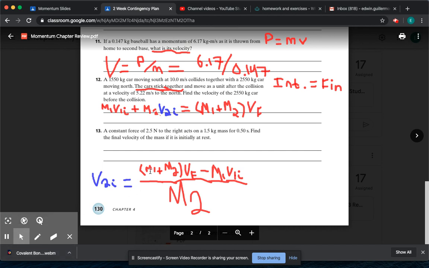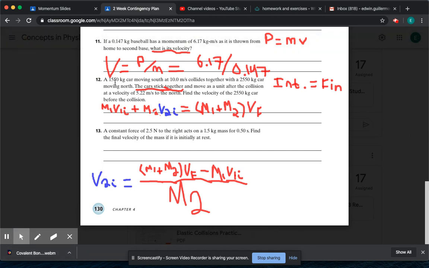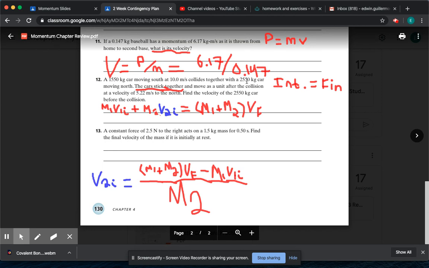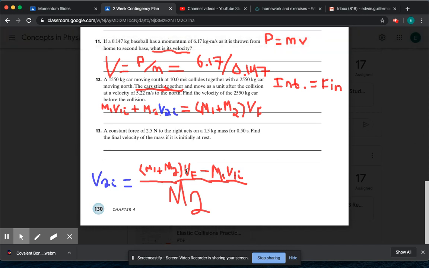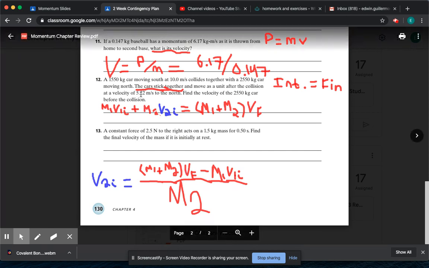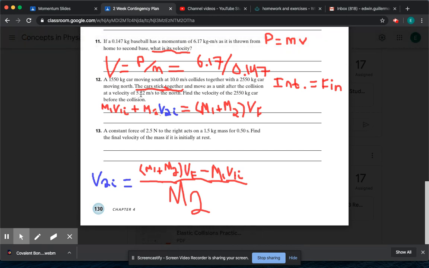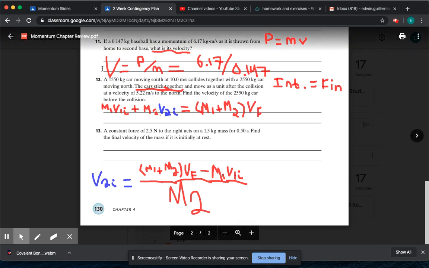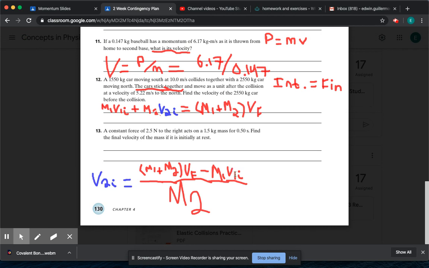So we know M1, it's 1,550. We know M2, it's 2,550. We know VF. VF is 5.22 and it is positive. It is positive 5.22 because we are going to the north, okay? We know M1 again, it's 1,550. V1I is going to be negative 10, okay?